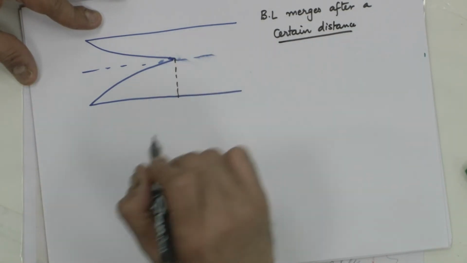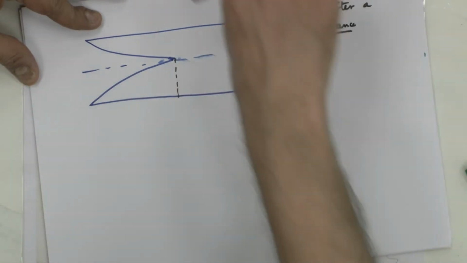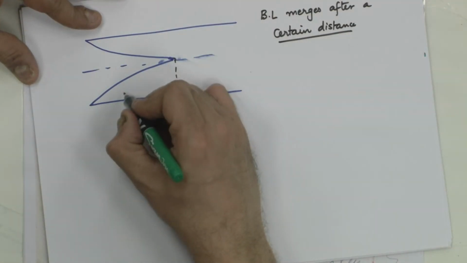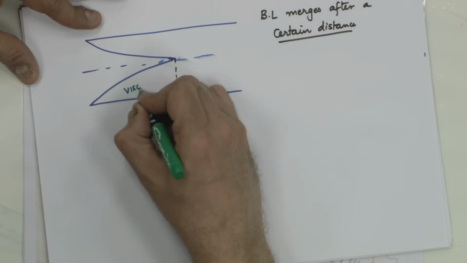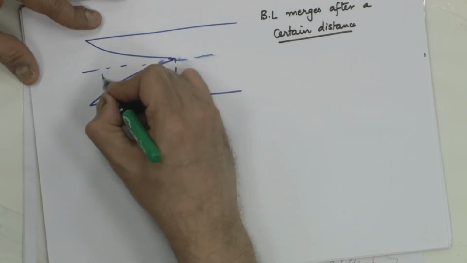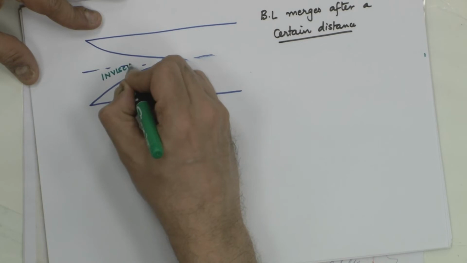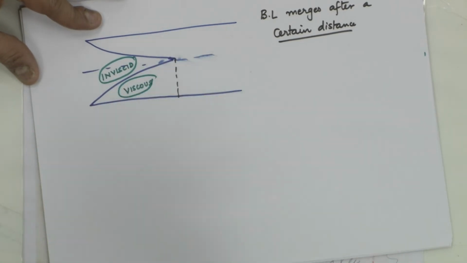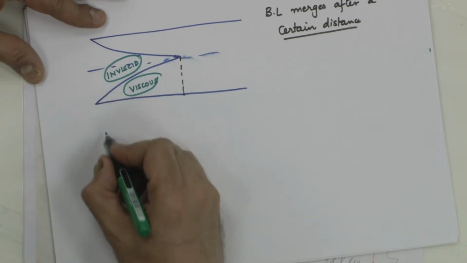This point where the boundary layers merge, that means what? Let us understand again from our external flow discussion. What is this region? Viscous. What is this part? Inviscid, correct. This part is the inviscid part, this is the viscous part. What do you see?